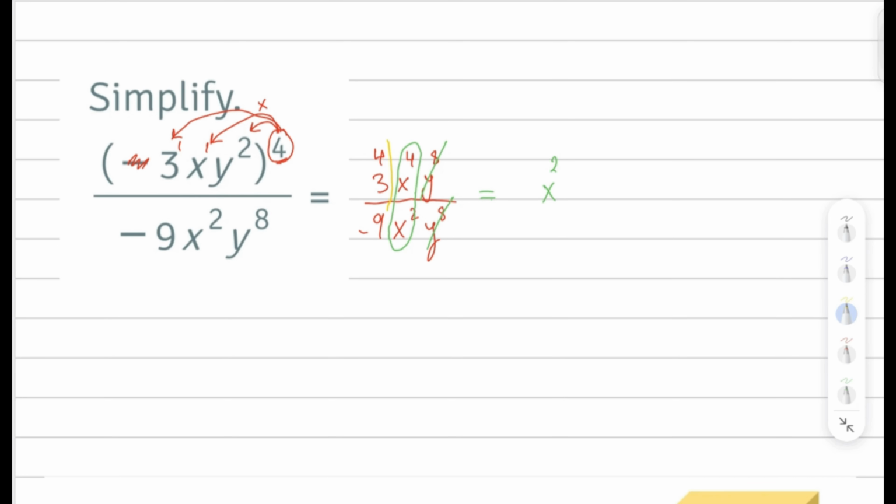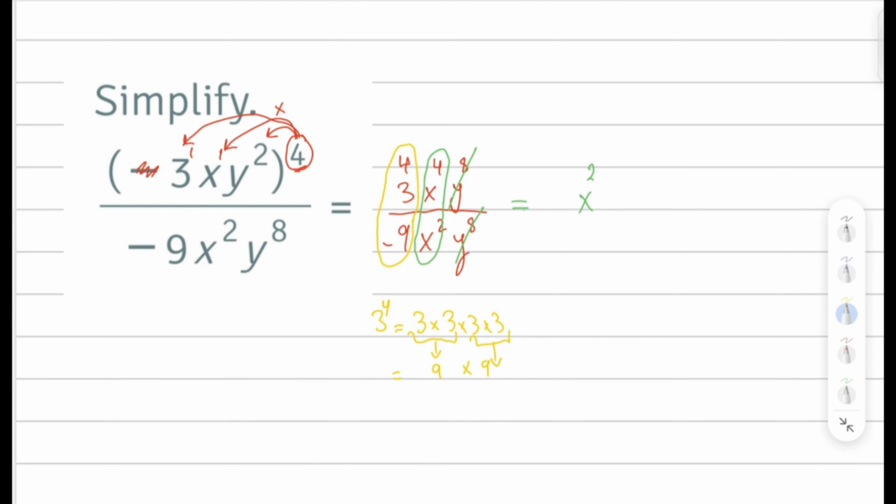Now for the constant, we have 3 to the fourth power divided by negative 9. 3 to the fourth power is 3 times 3 four times, which is equal to 81. 3 times 3 is 9, 3 times 3 also is 9. So we're going to have 9 times 9, which is 81.